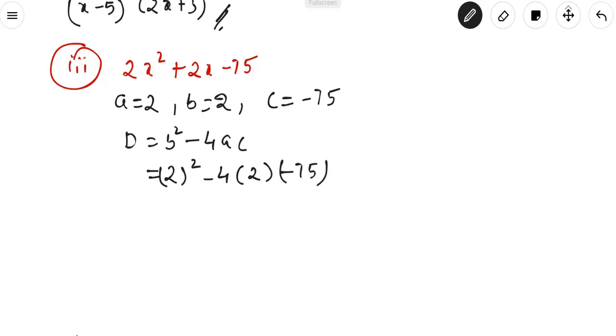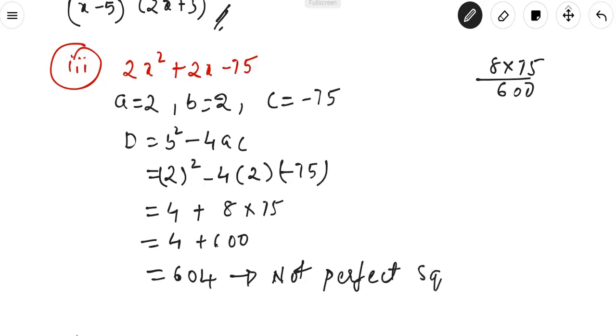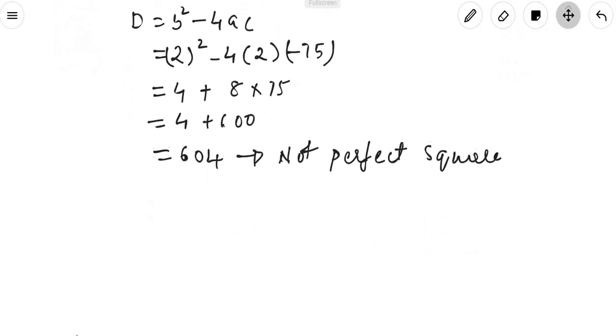So this becomes 4, minus into minus plus, 8 into 75, which is 600. So that is 4 plus 600, which becomes 604, and this is not a perfect square. As it is not a perfect square, we cannot do further factorization.